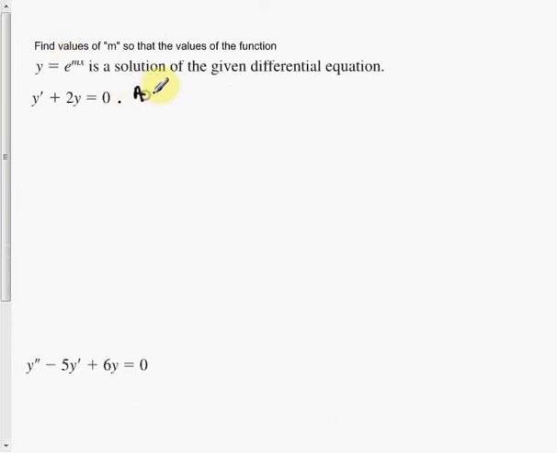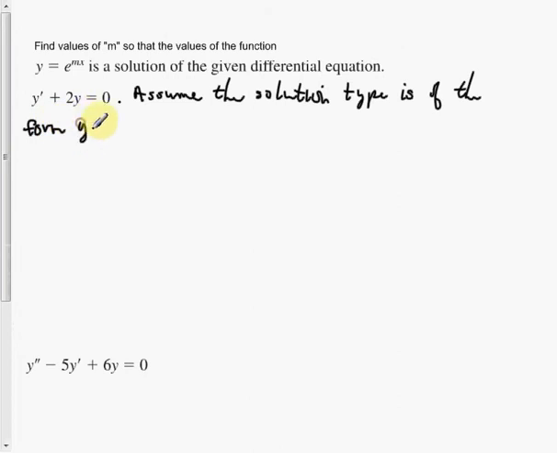So here we assume the solution type is of the form y equal to e to the mx, which implies that y prime would be e to the mx times the derivative of mx.